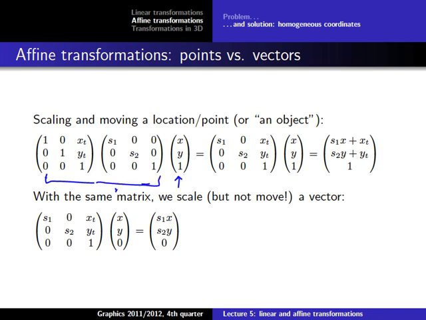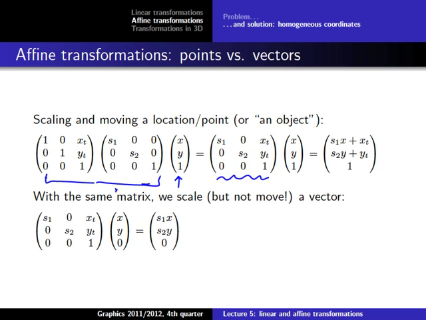If we do the matrix multiplication, you see that you end up with this matrix here, and we apply it then to this location. We see we get exactly what we want. We get the x and the y values scaled, and then we get them translated, which gives us exactly this vector that we end up with here.